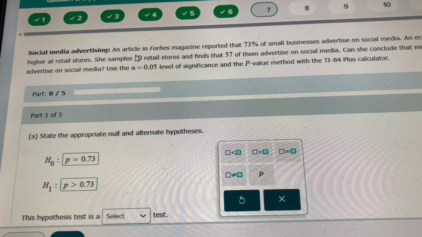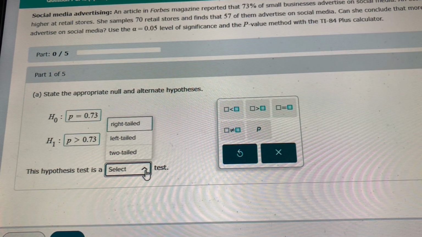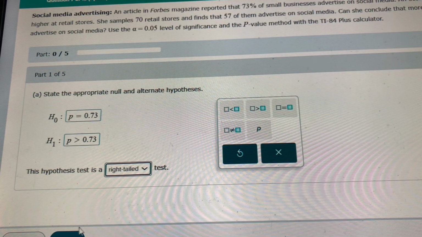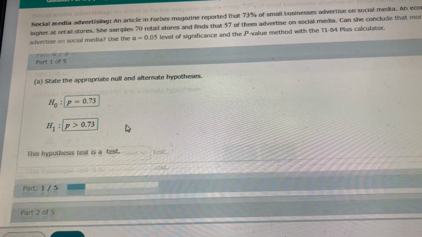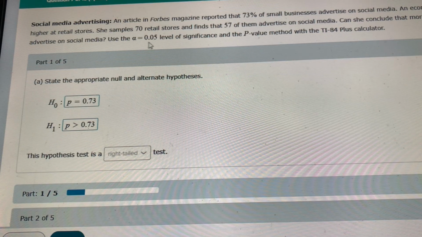See, there's your N, your sample size 70. And 57 said, yes, we do that. Can she conclude that more than 73% of stores advertise on social media? More than, which is greater than. So that's a right tail test. Use alpha 0.05 and the p-value method, okay?